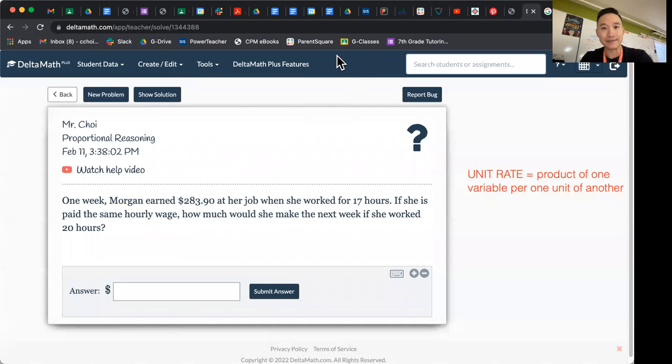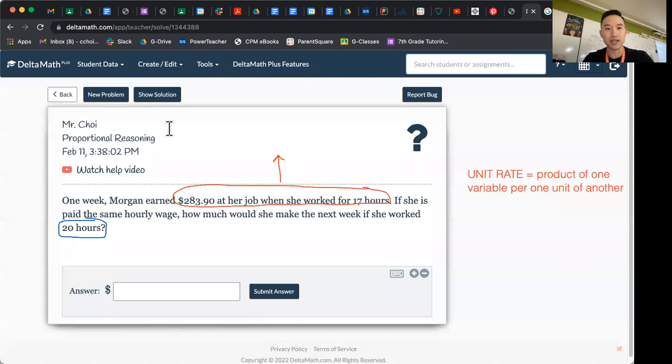So if Morgan is earning $283.90 at her job when she worked for 17 hours, this is our first scenario. We want to figure out how much she can earn if she works for 20 hours. So the first thing to do is to find the unit rate. How much is she getting paid per hour?